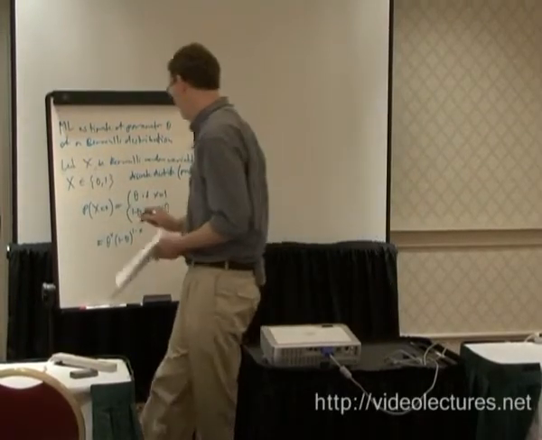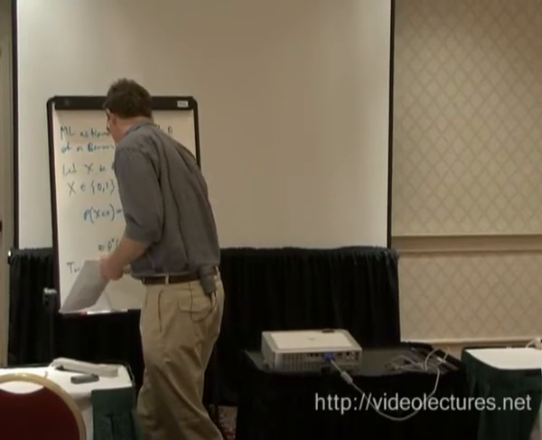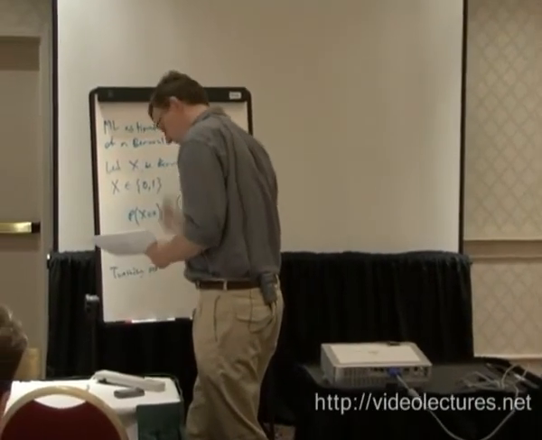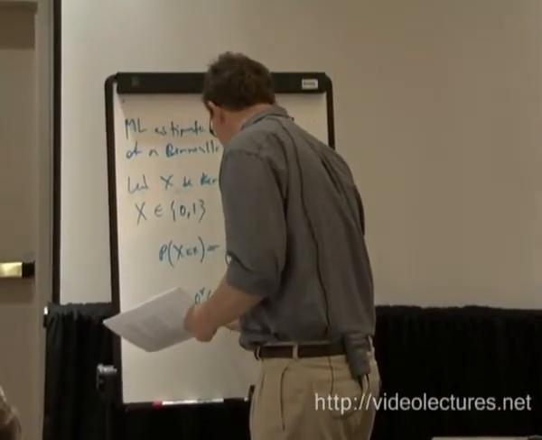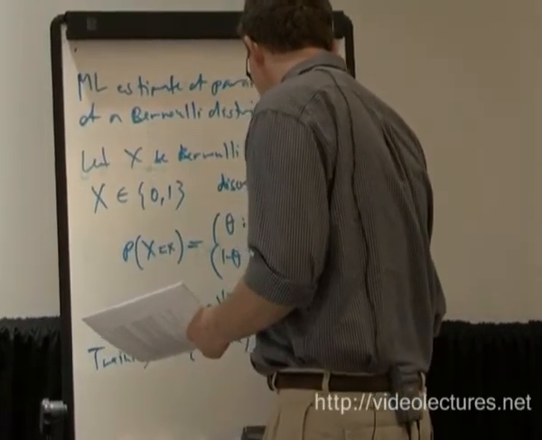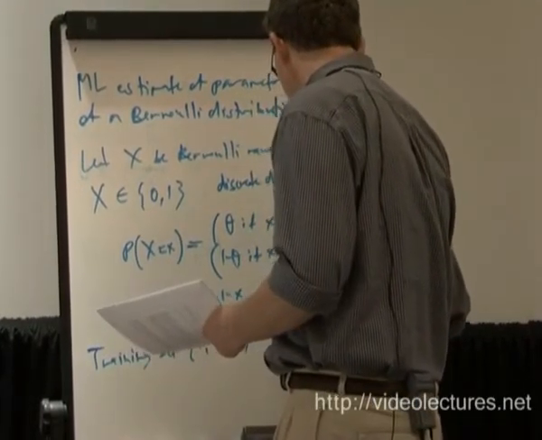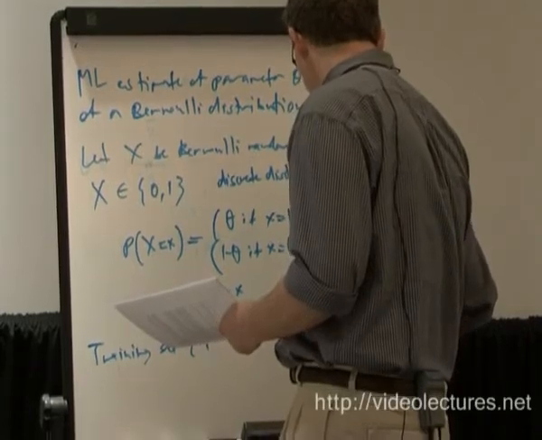Okay, so now let's suppose we have a training set, x1 through xn, and each xi is either 0 or 1.